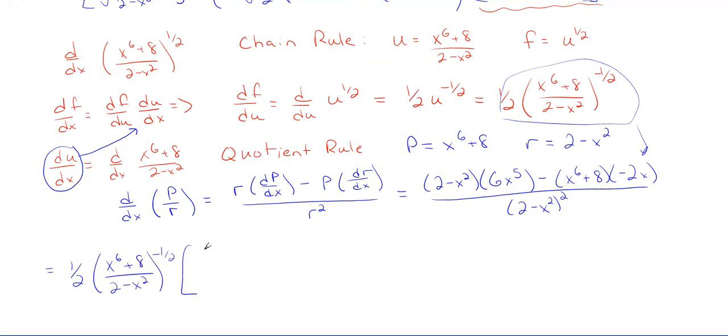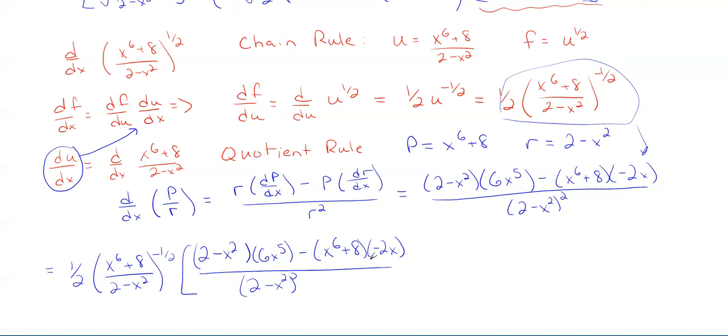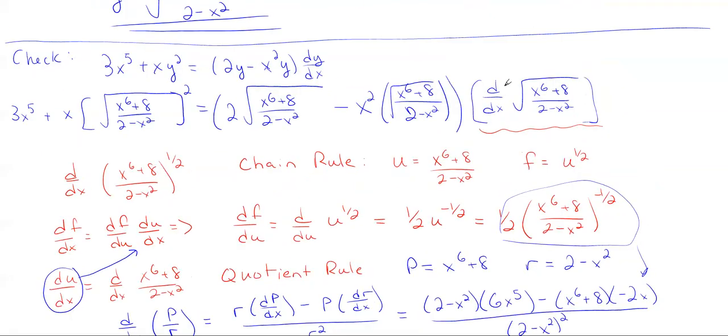All of that multiplied by this, which is 2 minus x squared times 6x to the 5th minus x to the 6th plus 8 times minus 2x, all of that over 2 minus x squared, squared. And that is only for the derivative portion right there. So I have to take what I just wrote below and multiply it by this entire portion here.